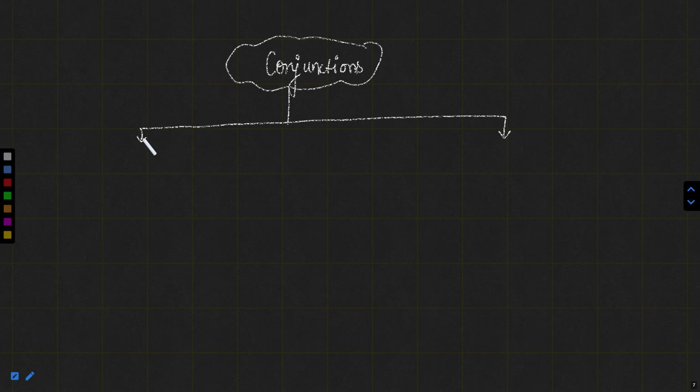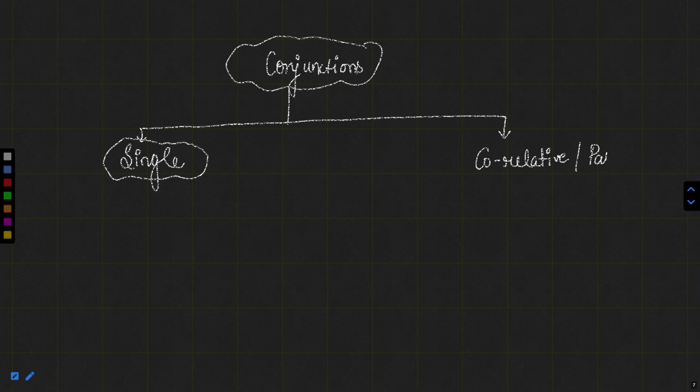One is single conjunction, and the other, which is very important, so listen carefully, is correlative, which we also call pair conjunction. So we have two types of conjunction: single conjunction, and correlative or pair conjunction.